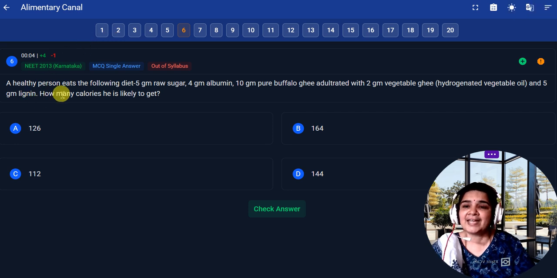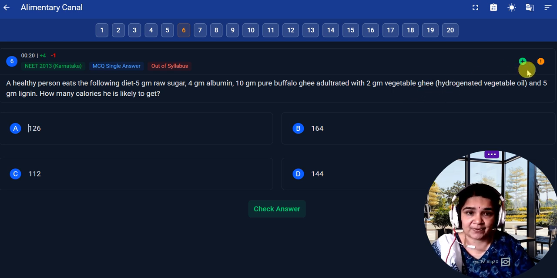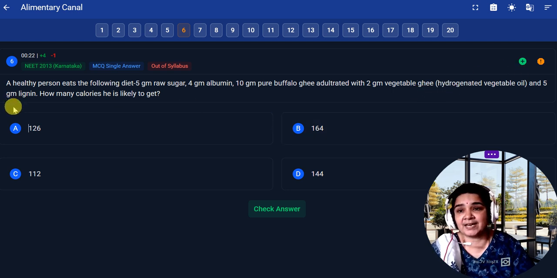So a healthy person eats the following diet, which contains 5 grams of sugar, which is a carbohydrate, 4 grams of albumin, which is a protein, and how much fat? 10 grams of buffalo ghee as well as 2 grams of vegetable ghee, and 5 grams of lignin. So how many calories will he get?